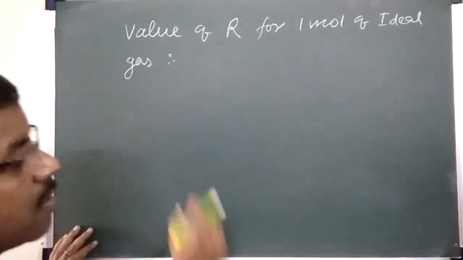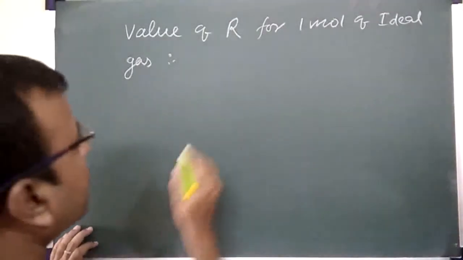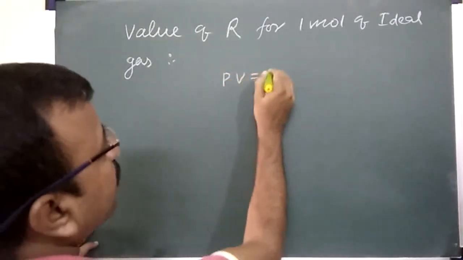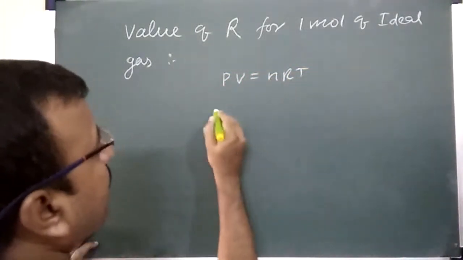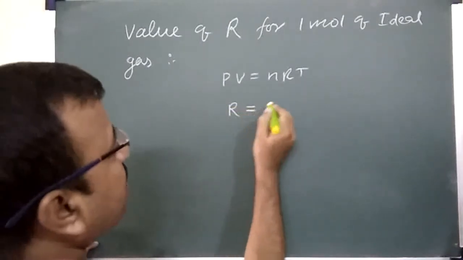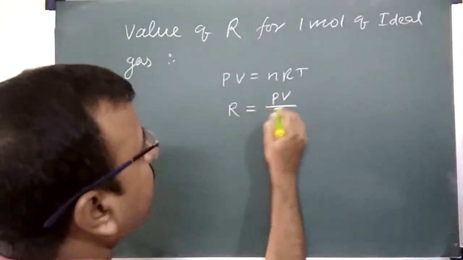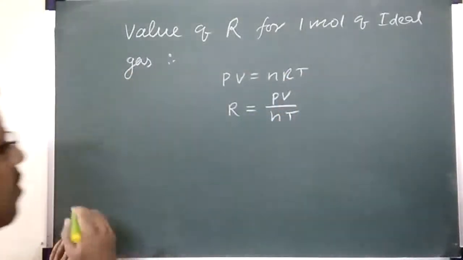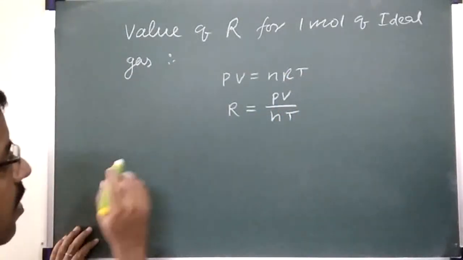So it is also known as universal gas constant. So we have PV is equal to nRT. With the help of this, we can write R is equal to PV by nT. Here for 1 mole of ideal gas, we are going to calculate.